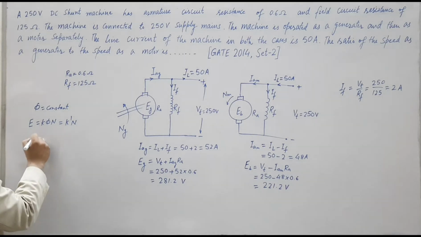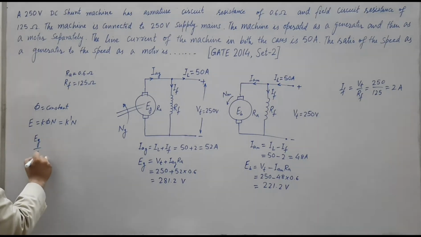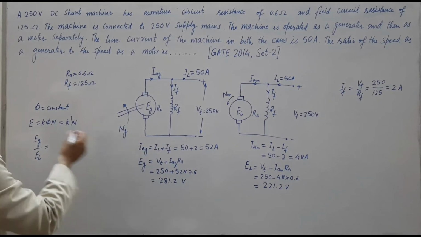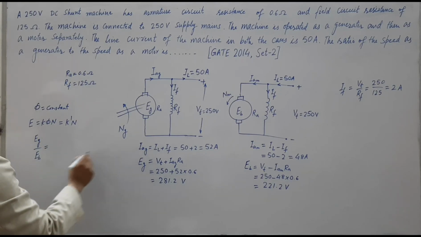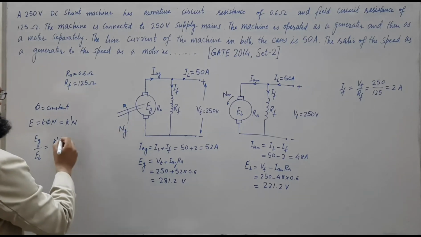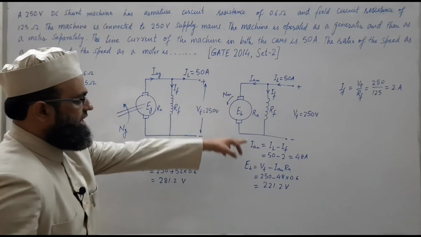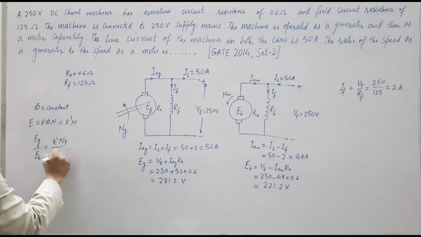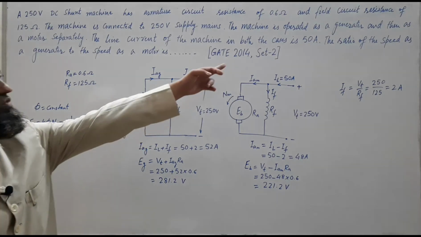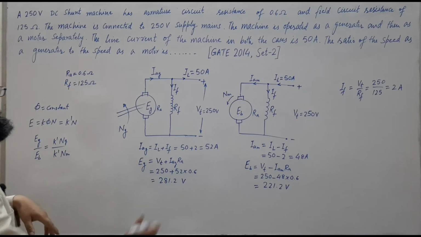That's why Eg may be written as K dash, and speed is Ng, and for Eb the speed is Nm, so this may be written as K dash Nm. So in the problem, the ratio of speed as a generator, that is Ng, to the speed as a motor, that is Nm, has been asked.